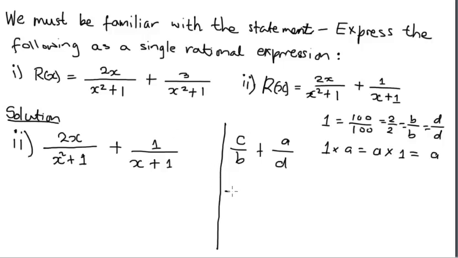So in this case, I can multiply c over b by 1 and still have c over b. I'm going to take 1 in terms of d over d, and plus a over d multiplied by 1 in terms of b over b. Then this takes us to a situation exactly similar to the first example, whereby we've got a common denominator which is bd.